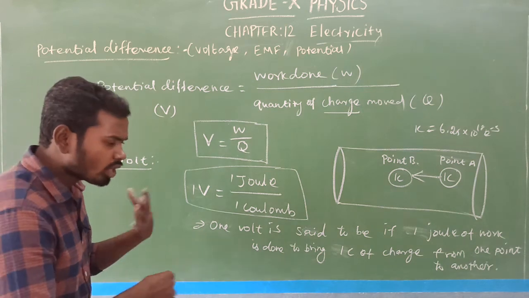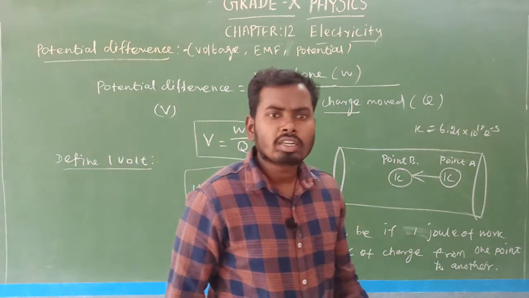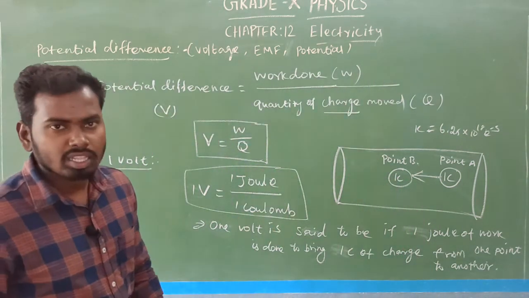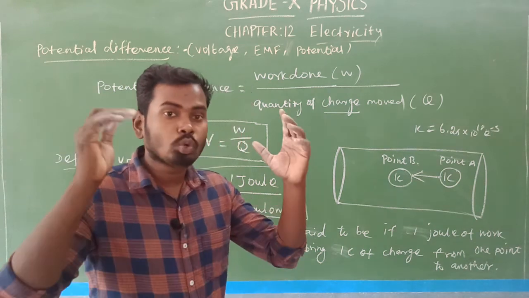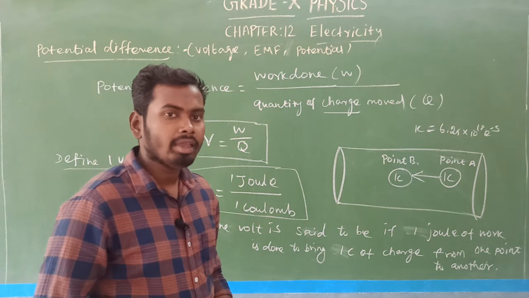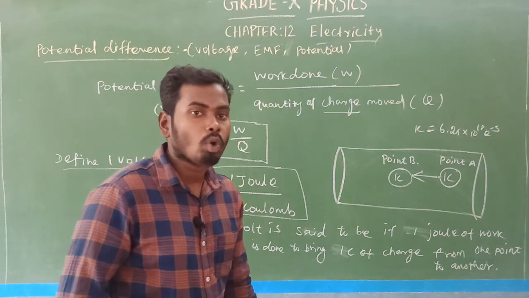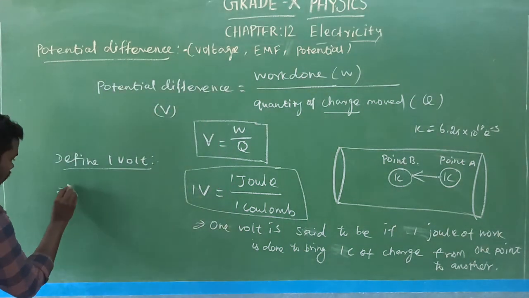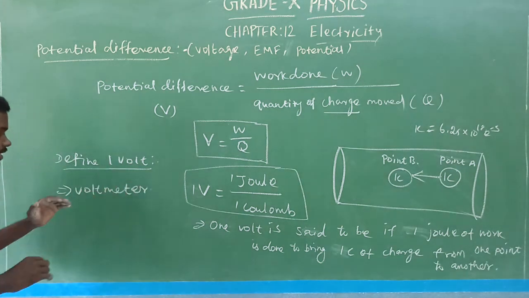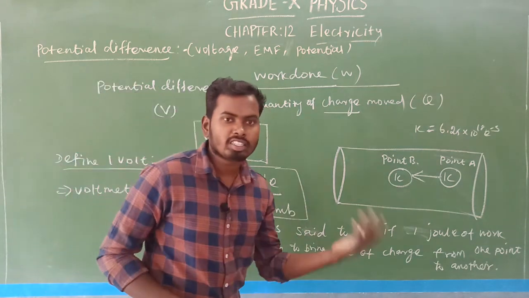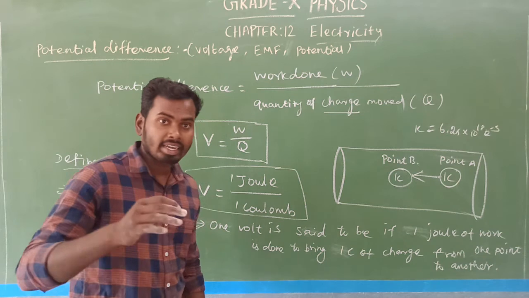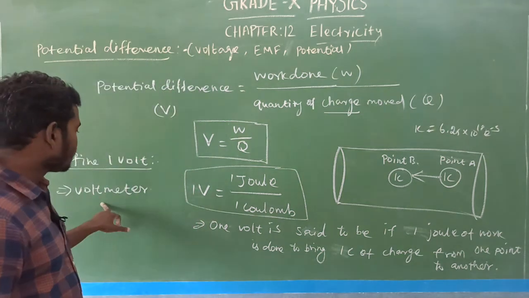How can we measure the potential difference, sir? We can measure the potential difference across the two terminals of any material by an instrument, that is the voltmeter. A voltmeter is an instrument used to measure the potential difference between two terminals of any material or appliance.